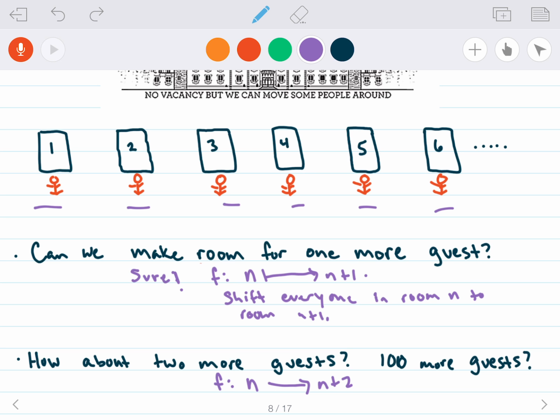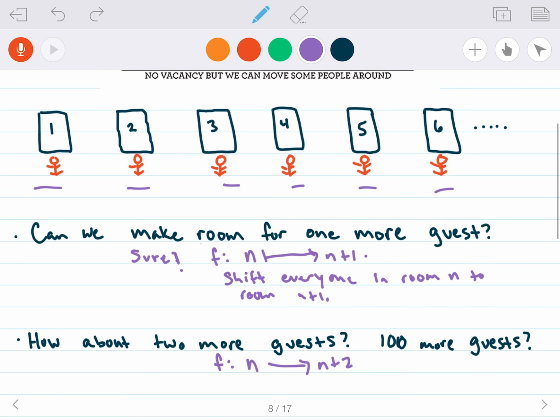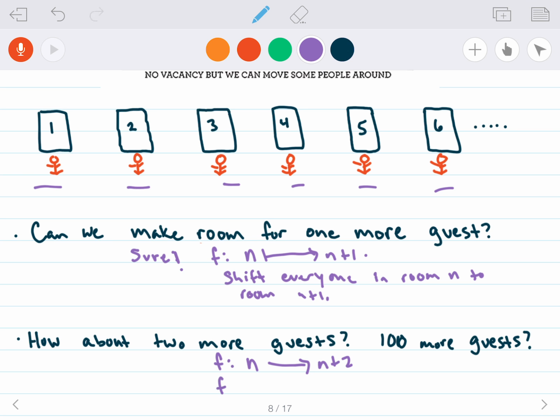Remember, we have an infinite hotel. We can do this shift for whatever finite number we want. So if 100 guests turn up, then we take the guest in room N and move them to room N plus 100. And so we have 100 open rooms for these new guests.